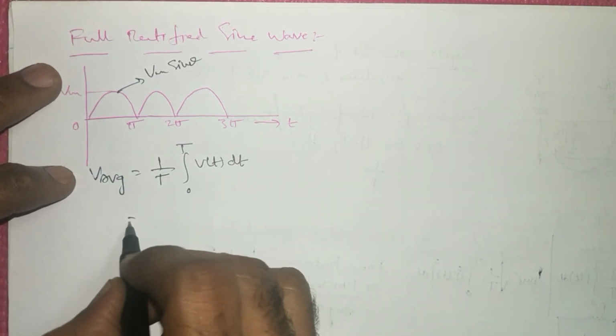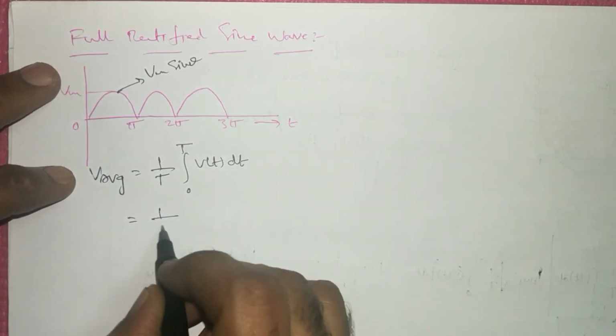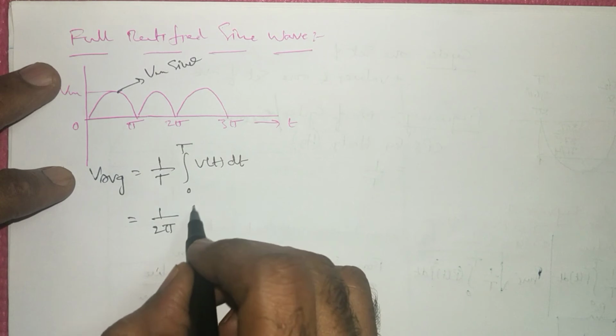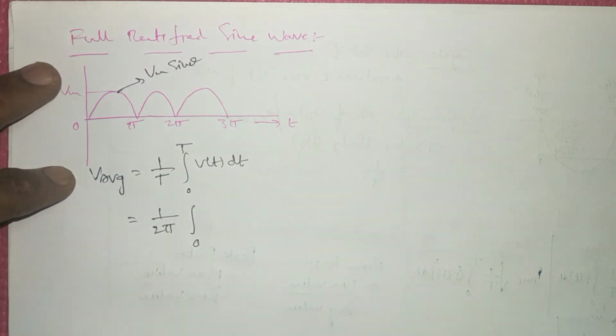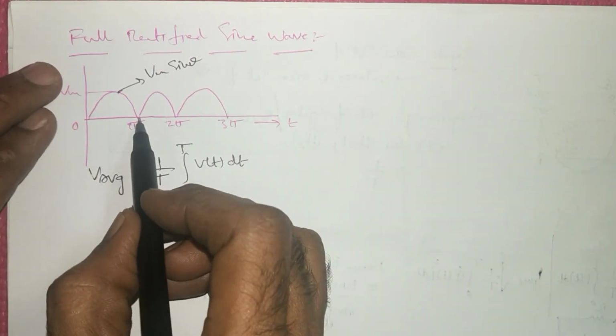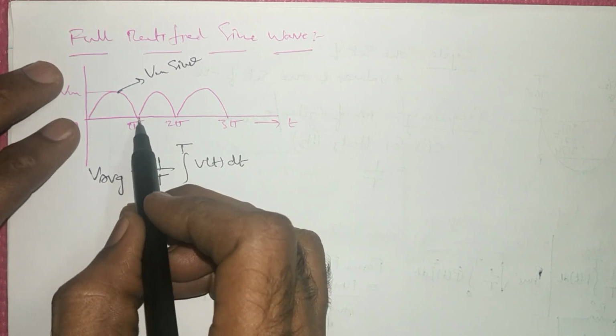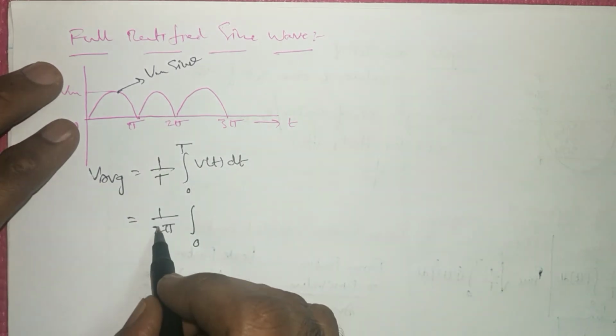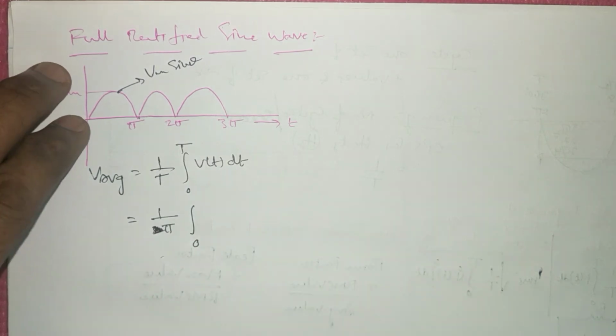The time period is from 0 to 2 pi, but the waveform from 0 to pi is repeated from pi to 2 pi. Hence it is sufficient to consider only up to pi.